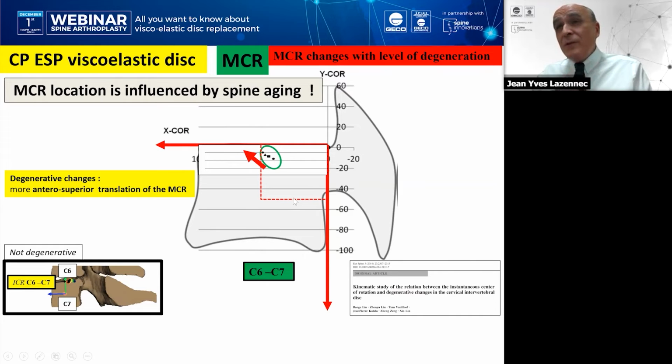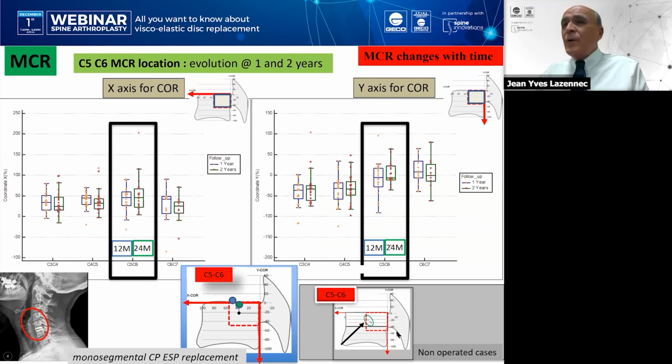So when we want to analyze our center of rotation, we must take care of this value of degenerative center of rotation as published in the literature. Now, our cases. We know that we can analyze the center of rotation regarding x-axis or y-axis.